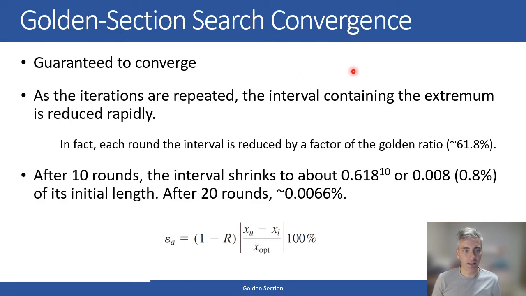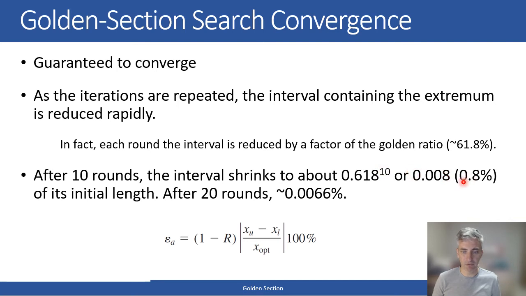So if we split the interval between XU and XL 61.8% of the way across, this sectioning method is called the golden section because we're using the golden ratio, and it tends to converge very rapidly. After 10 iterations of your algorithm, the interval will shrink by a factor of 0.618 to the power of 10.